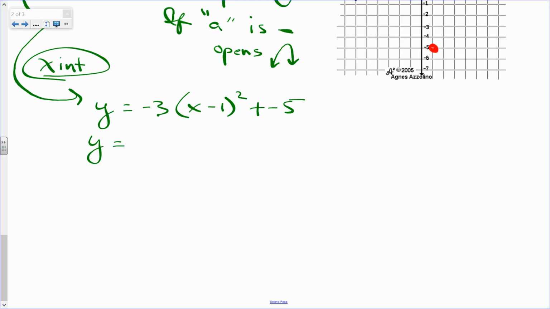So y equals 0. Okay, watch this. 0 equals negative 3 times x minus 1 squared plus negative 5.